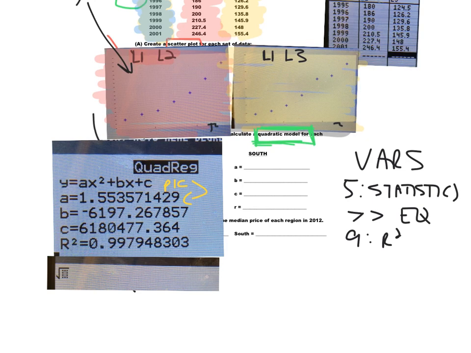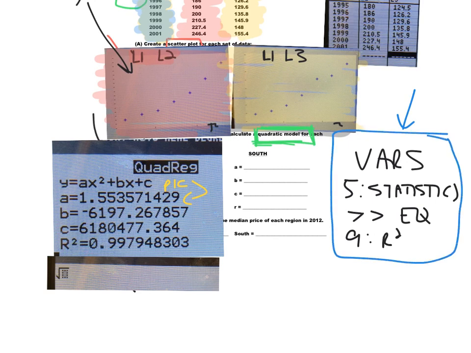So first we're going to go back to the main screen of the calculator by pressing second and mode to quit, second and then the X squared button to do square roots. We then want to press the VARS button, go down to option 5 for statistics, move to the right twice to equation, and then go down to option 9 for capital R squared.